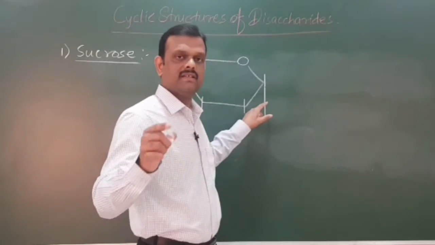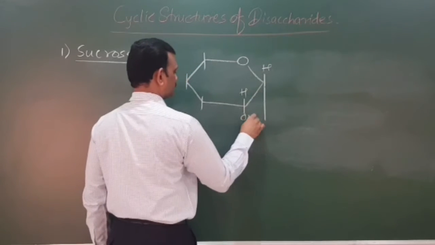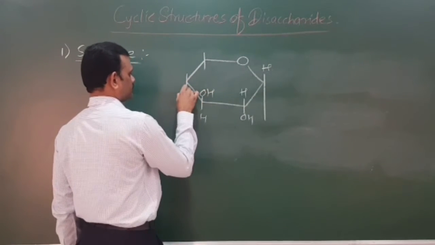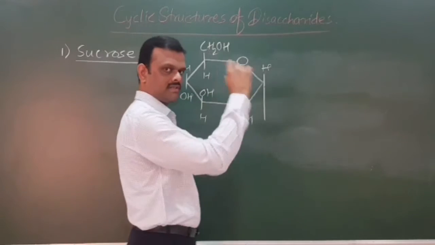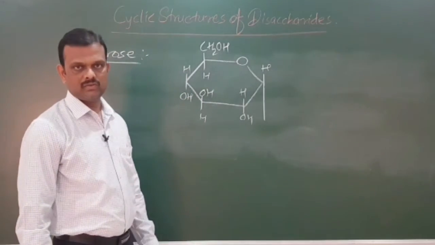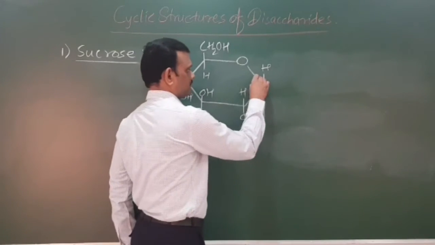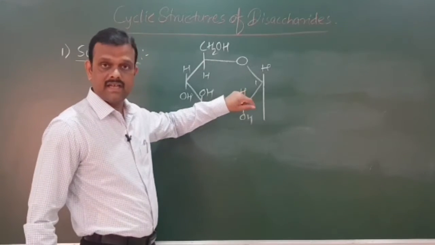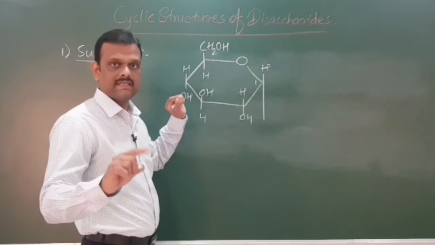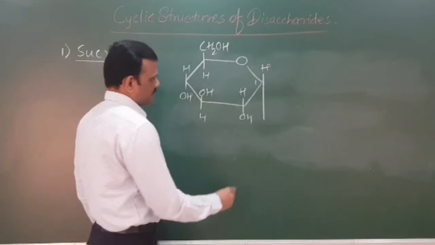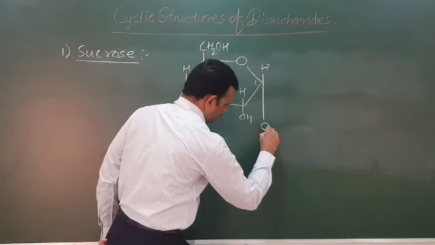Already we have studied in the previous video. This is the structure of alpha D glucopyranose. Now this one is the C1 carbon. That C1 is attached to C2 of the fructose, but the fructose is in the form of beta anomer. You have to link them through glycosidic linkage like this one.